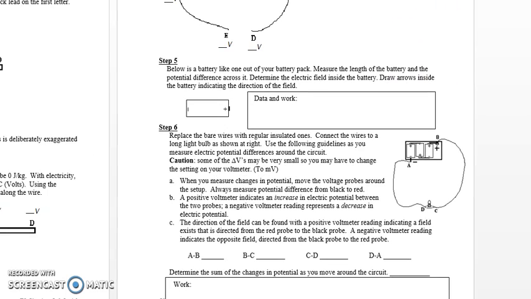But then in step 6 we now get a circuit with a single bulb, and we are using the long bulb. Okay, that's great.